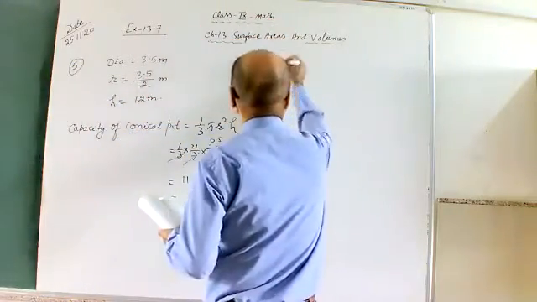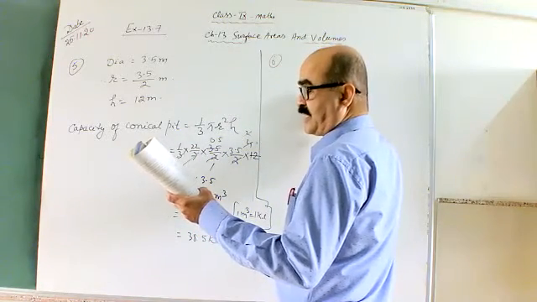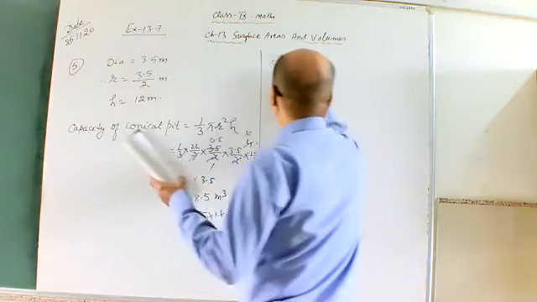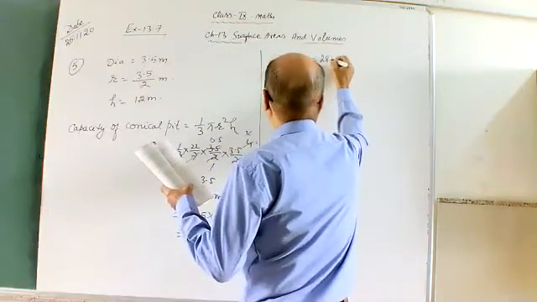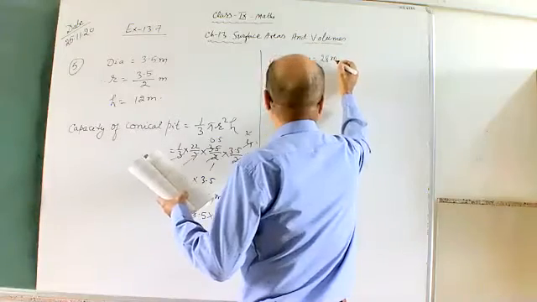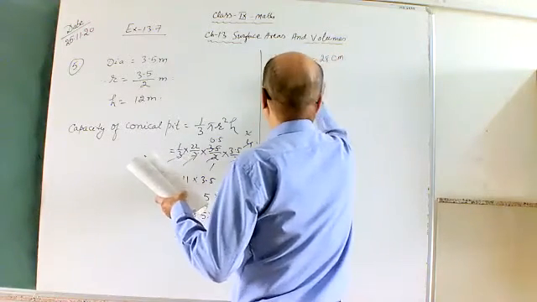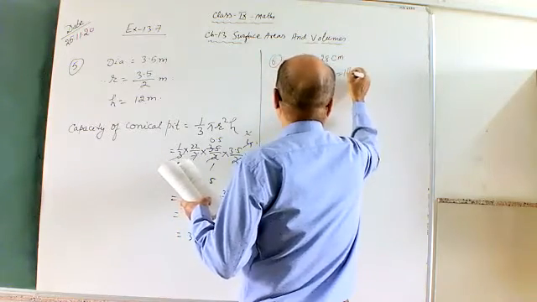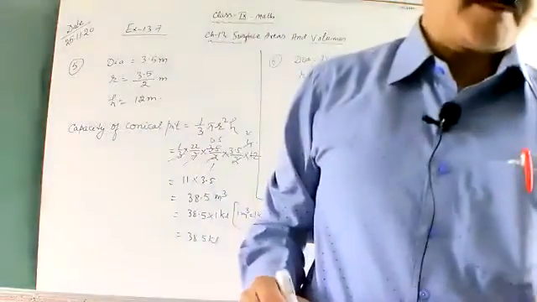The volume of the right circular cone is 9856 and the diameter of the base is 28 centimeter. So therefore radius will be equal to 28 by 2, that is 14 centimeter.